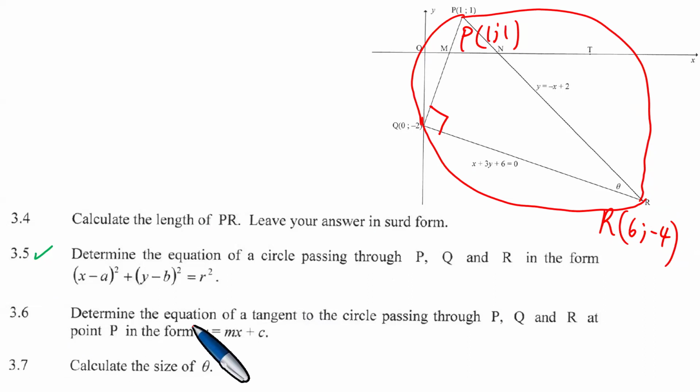So at this point, we continue to determine the equation of a circle passing through P, Q, and R in that form. This circle here clearly has an angle of 90 degrees inside it, subtended by this line segment from boundary to boundary.